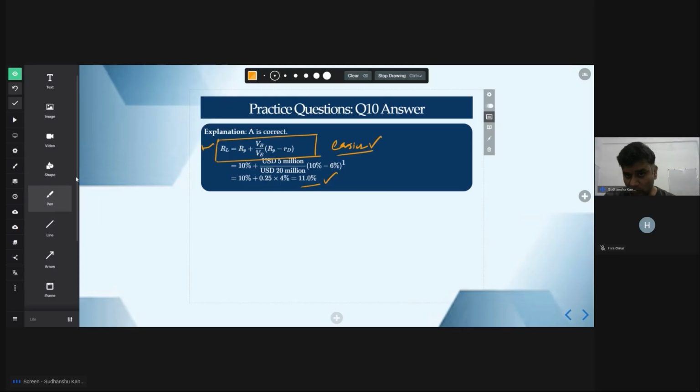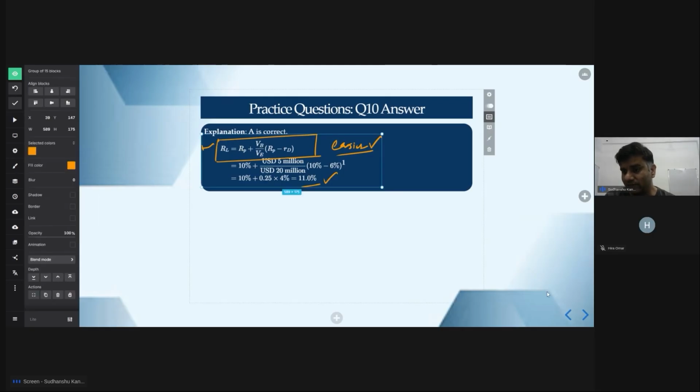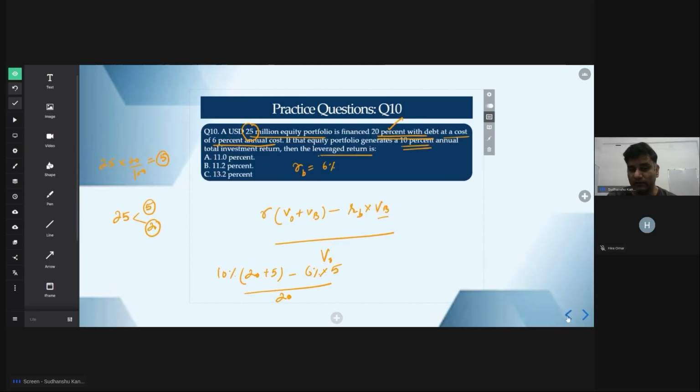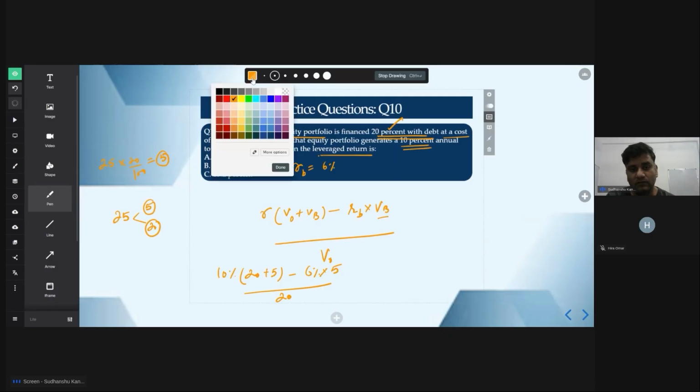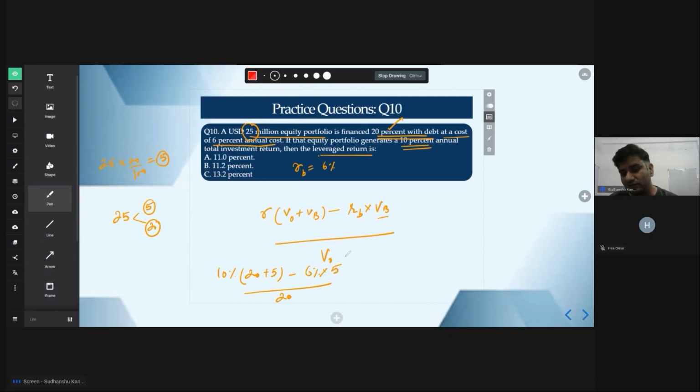If I go back to our method which we just did, what is 10% of 25? 10% of 25 is 2.5. And 6% into 5, 6 5s are 30, which makes it 0.3, divided by 20.